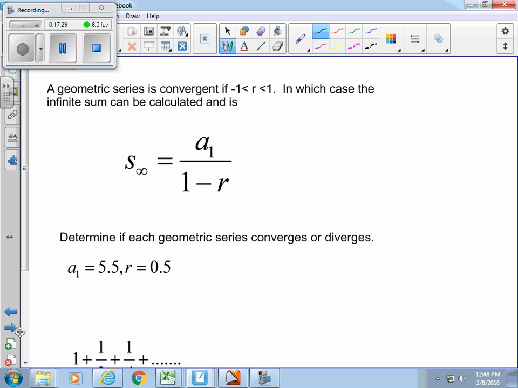Now, I do want to show you this in a real-world application, because I heard some of you saying you can't sum an infinite amount of numbers. Say I'm walking from here to that wall, and I go halfway there. And then I go halfway again, and halfway again, and continue to go halfway. Wouldn't that be a geometric sequence?